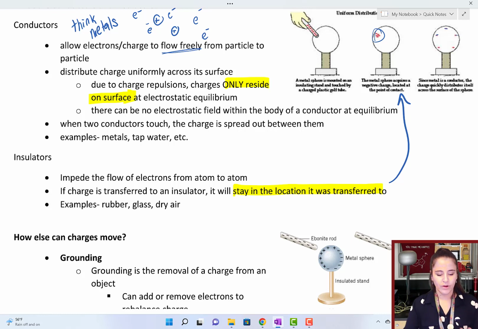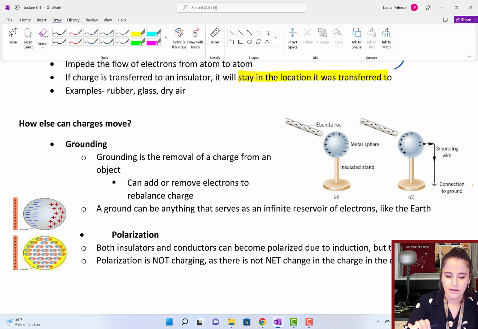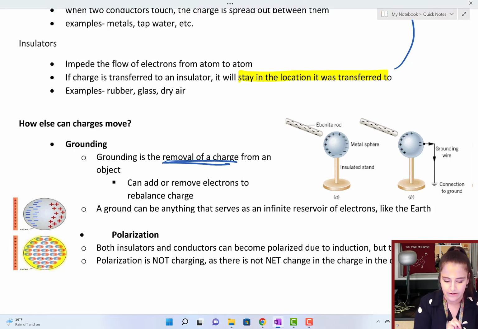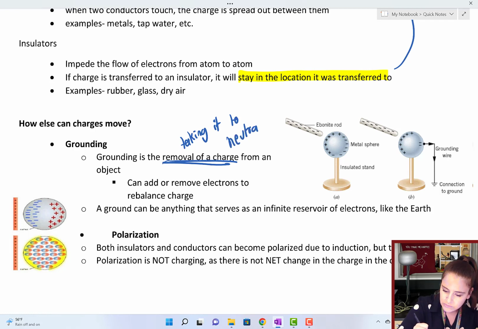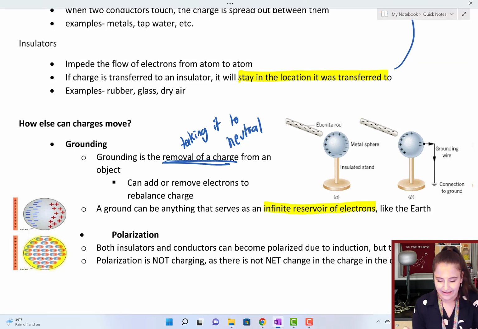Now a couple other ways that charges move is through grounding. Grounding is the removal of a charge, so this means taking it to neutral. And that's because we think of the ground as an infinite reservoir of electrons.